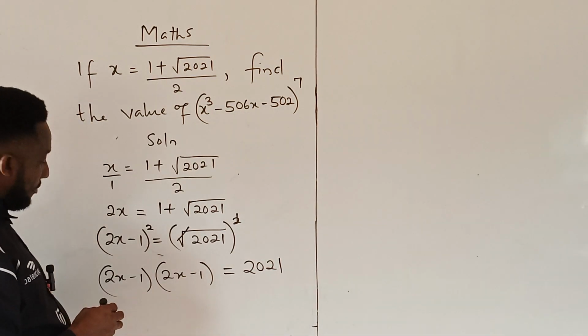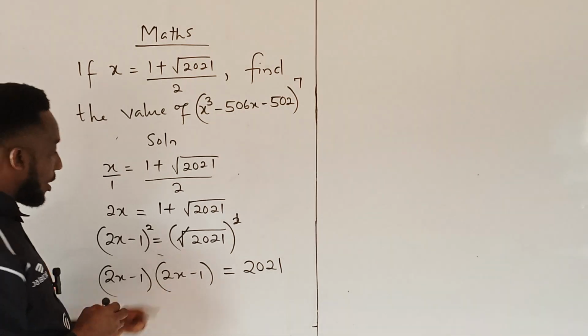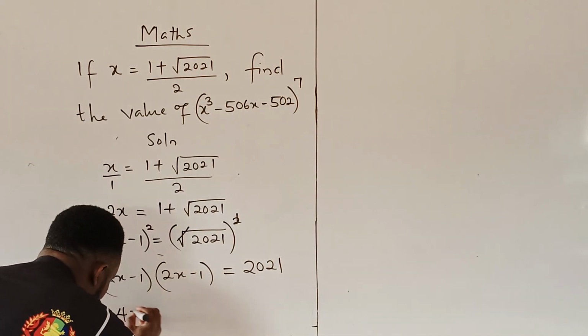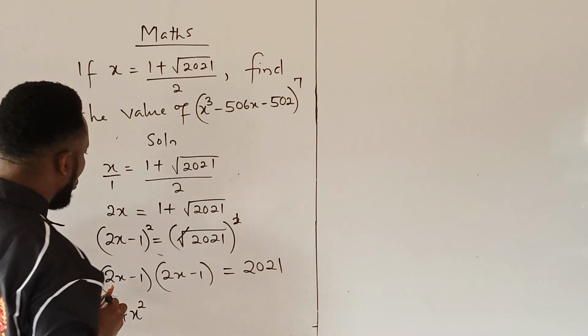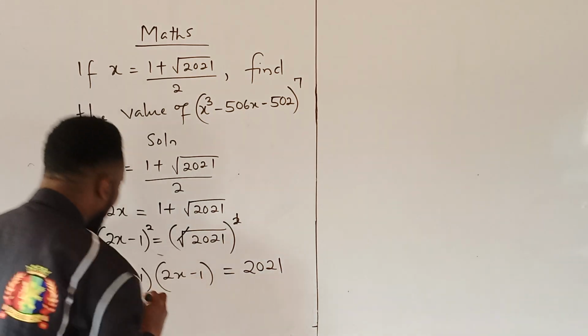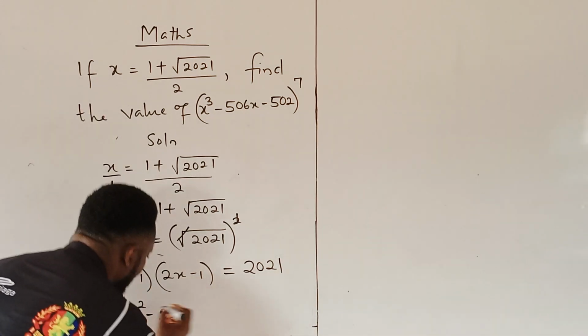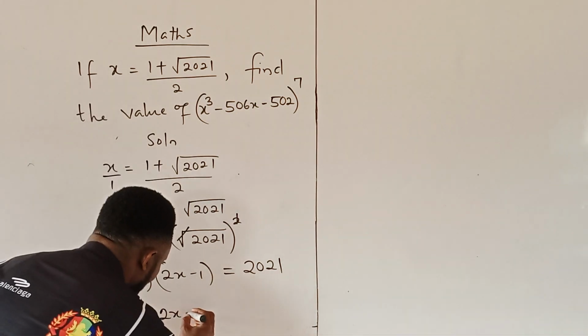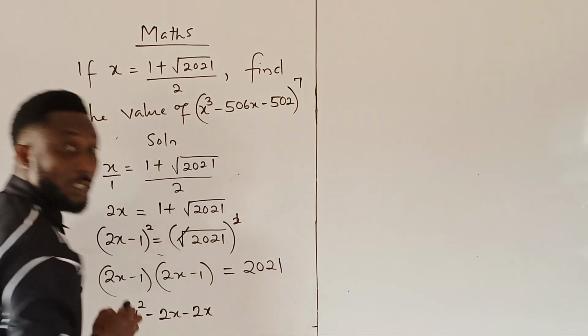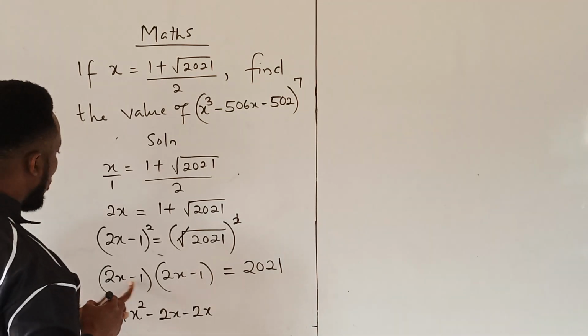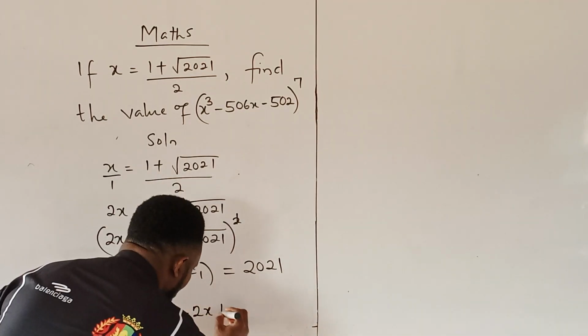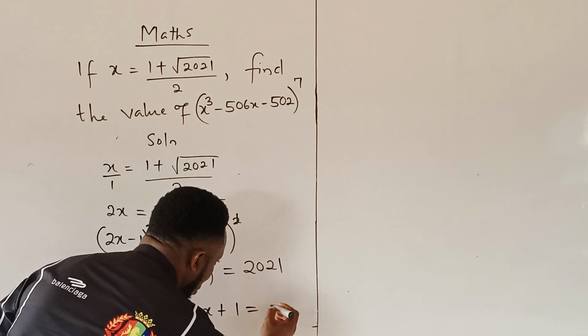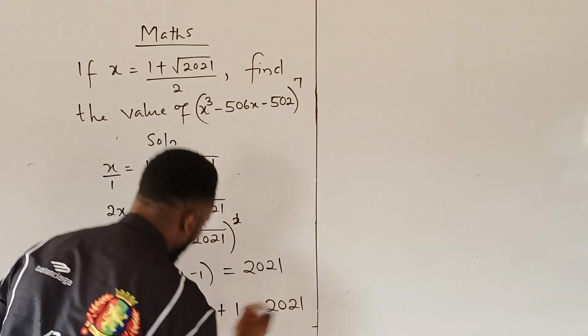Then I will distribute. 2s multiplied by 2s gives me 4s squared. 2s multiplied by negative 1 gives me negative 2s. I'm done with the 2s. Negative 1 multiplied by 2s also gives me negative 2s. Negative 1 multiplied by negative 1 gives me positive 1, everything equal to 2021.